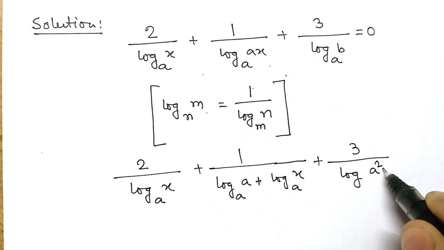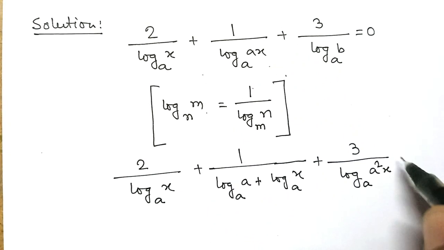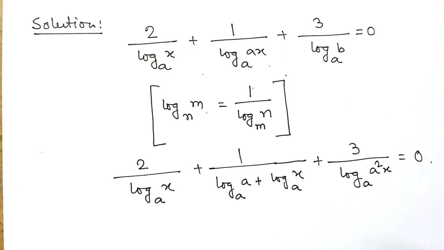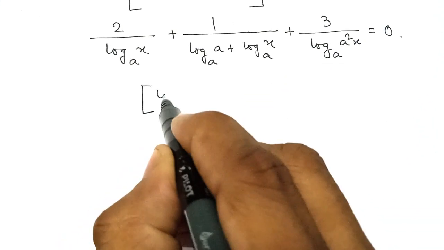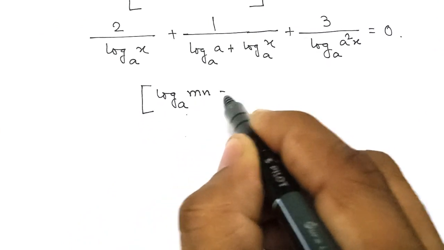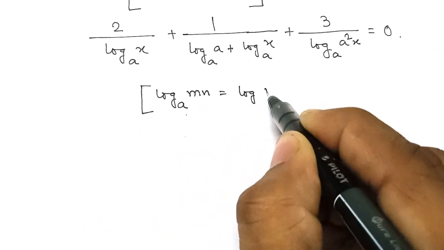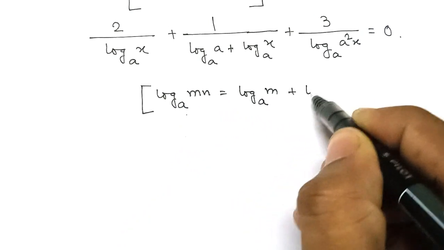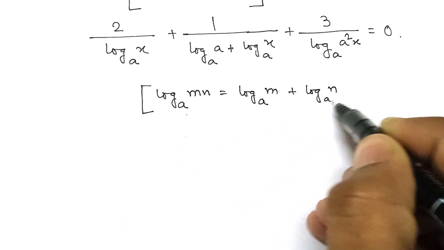So log of a square x to the base a is equal to 0, because log of mn to the base a is equal to log of m to the base a plus log of n to the base a.